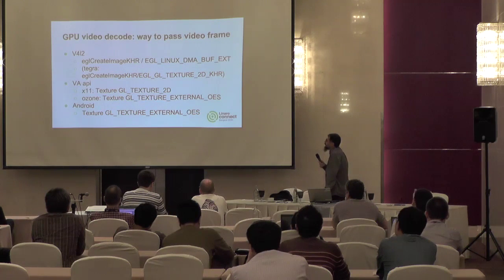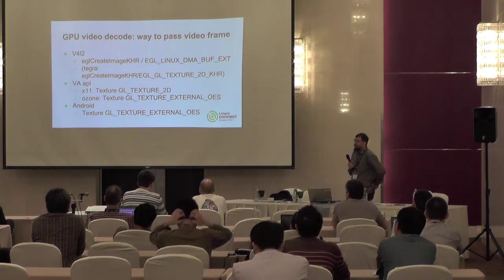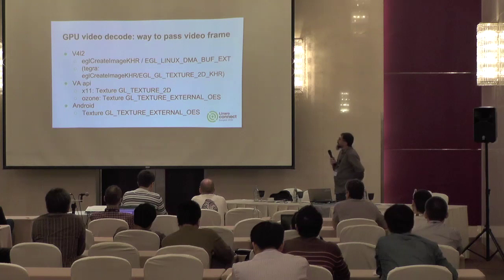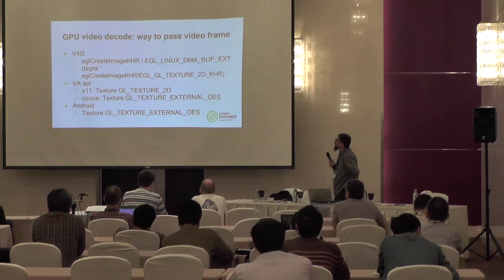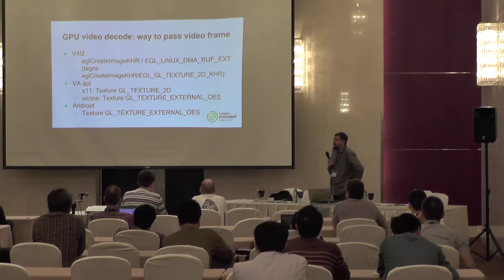Video for Linux actually has two implementations: a default one provided by Chromium and the Google guys, which uses the EGL create image function, passing the DMABUF extension argument.